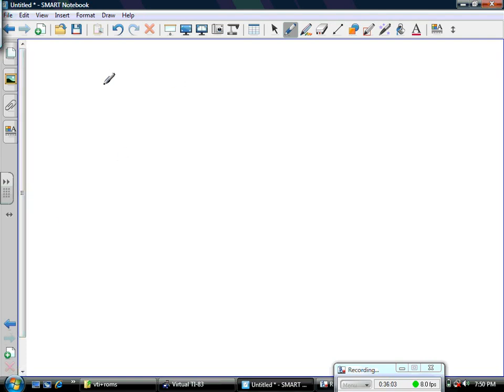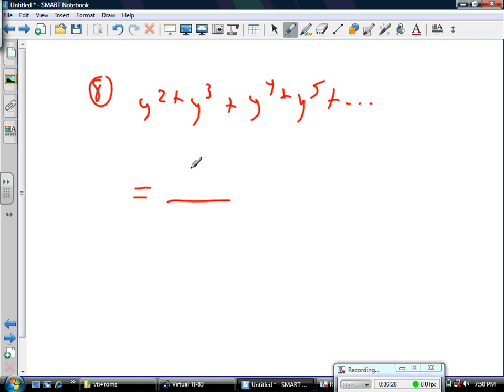Number 8 says y squared plus y cubed plus y to the 4th plus y to the 5th and so forth. Is that geometric? Yeah, because a is y squared and r is y. So it adds up to what? Y squared over 1 minus y.